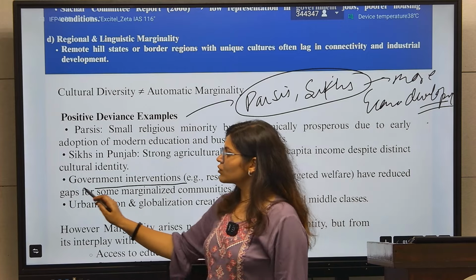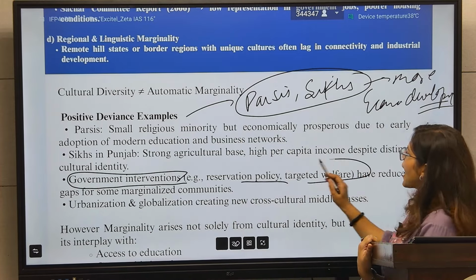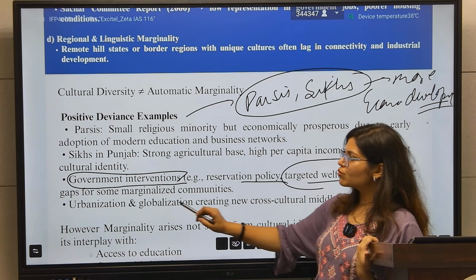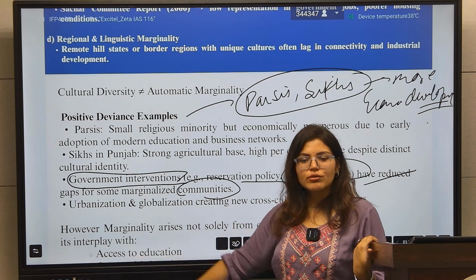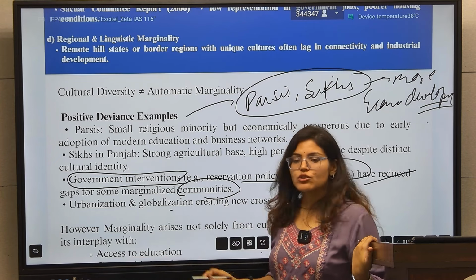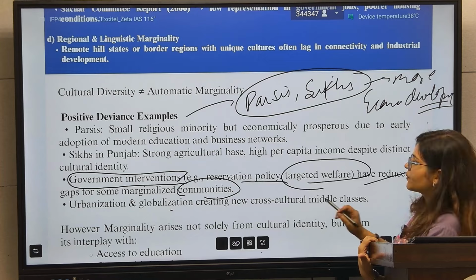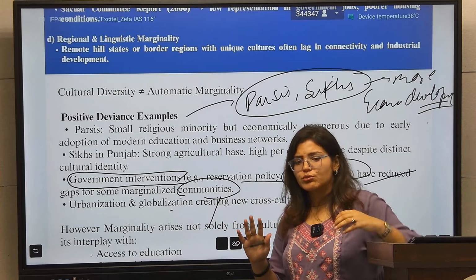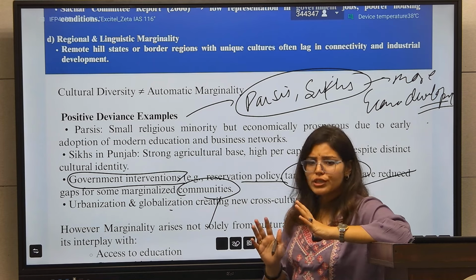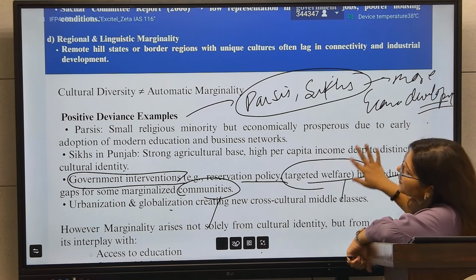You can also mention the government initiatives, that reservation policy and targeted welfare have reduced the gap for some marginalized communities. And you can also mention urbanization and globalization reducing the gap between these marginalized communities. So in this way you have to write that there is no relation between cultural diversity and marginalized people.